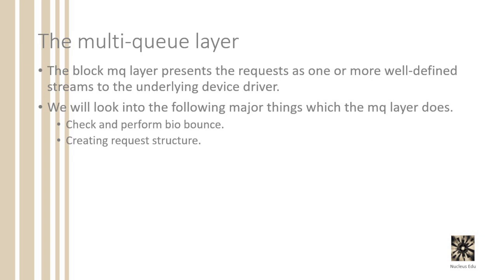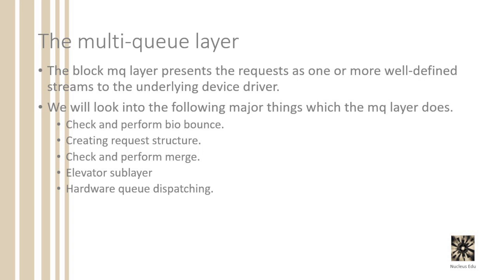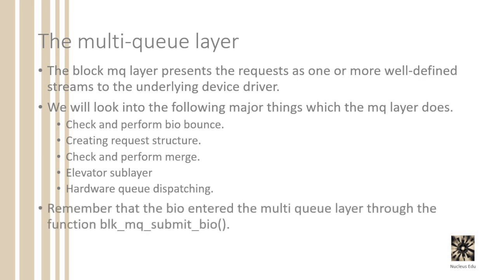Creating a request structure or either using the already cached requests. Checking for bio merging, the elevator sublayer, and the hardware queue dispatching. So one thing I will reiterate here is when the bio is entering the multi-queue layer, it does this through this function called block_mq_submit_bio.